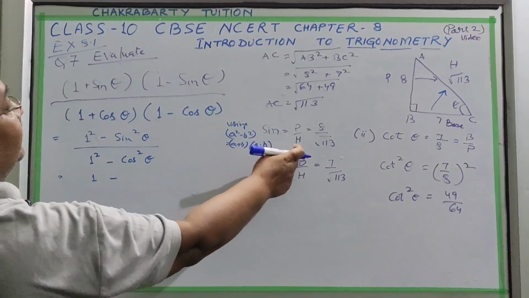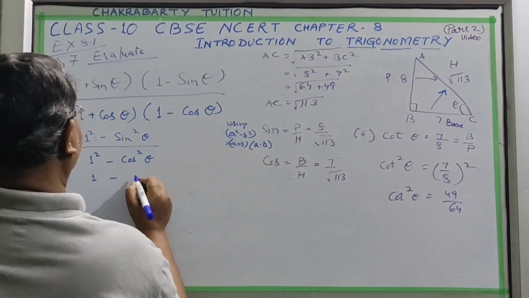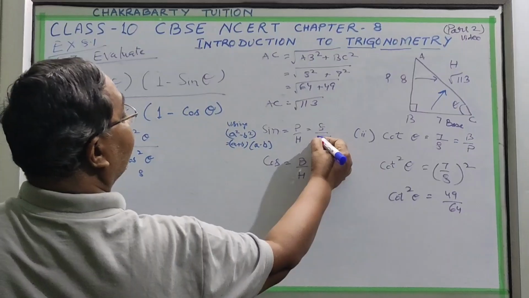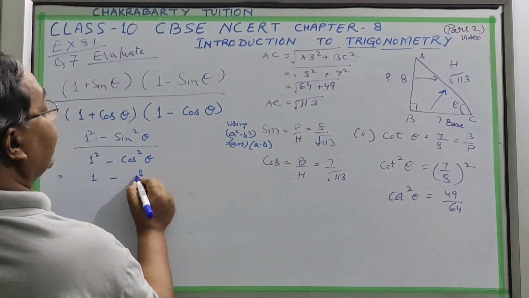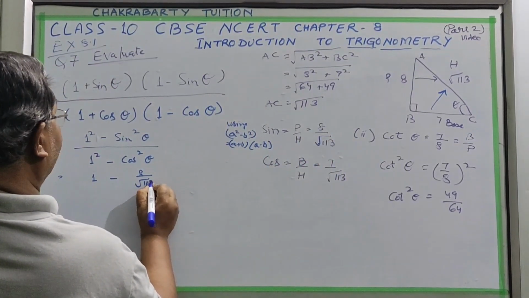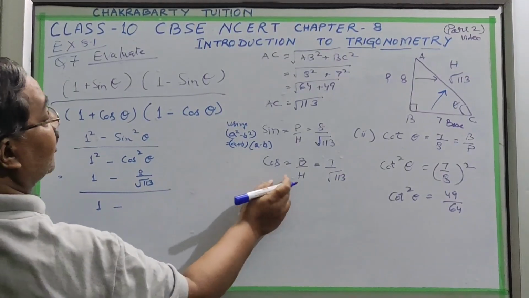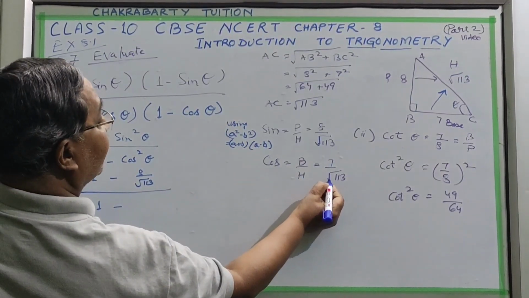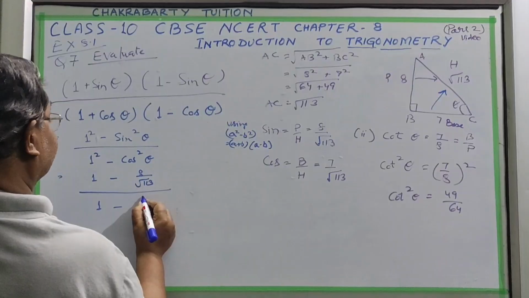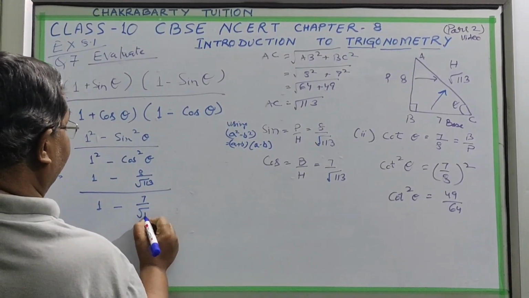And now sine you have found out, 8 upon under root 113. And here it will become 1 minus cos, you have found out, 7 upon under root 113.